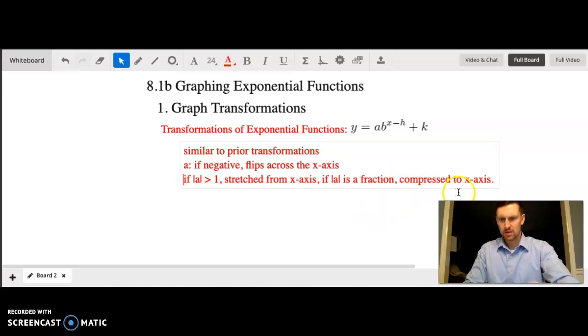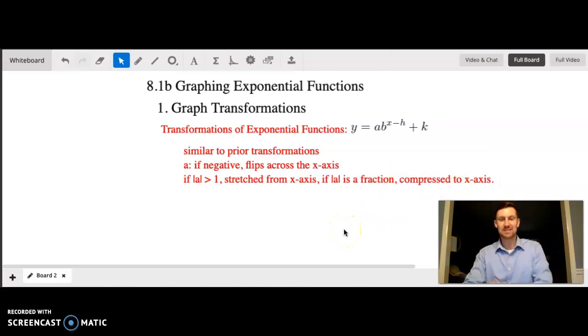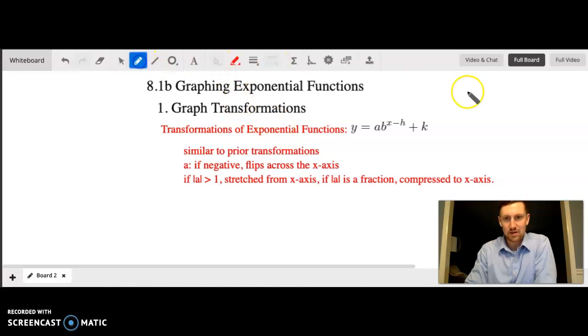So if this value is negative, and let's throw an example up here so that we can reference the numbers as we go. Let's say we had 2 times 3 to the x minus 4 plus 1.